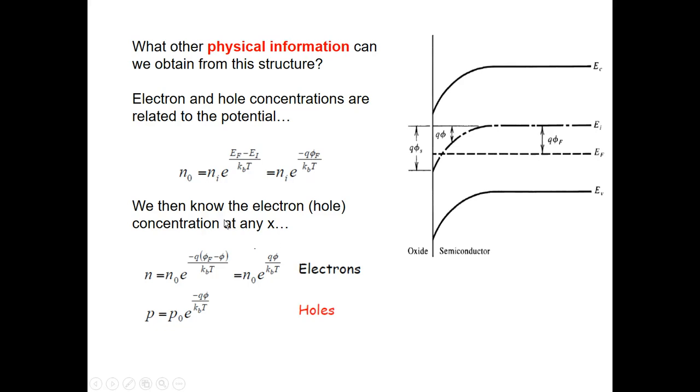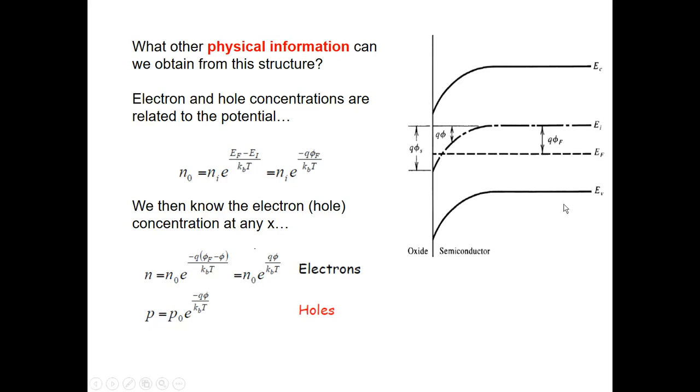Then we know that the electron or hole concentration at any x is given as n is equal to n0 into e raised to minus Q (phi f minus phi) by kT, that is n0 into e raised to Q phi by kT. So that Q phi is this difference, and this n at any point x depends on Q phi, and similarly for holes, p is equal to p0 into e raised to minus Q phi by kT. So these are the information we will get from this structure.